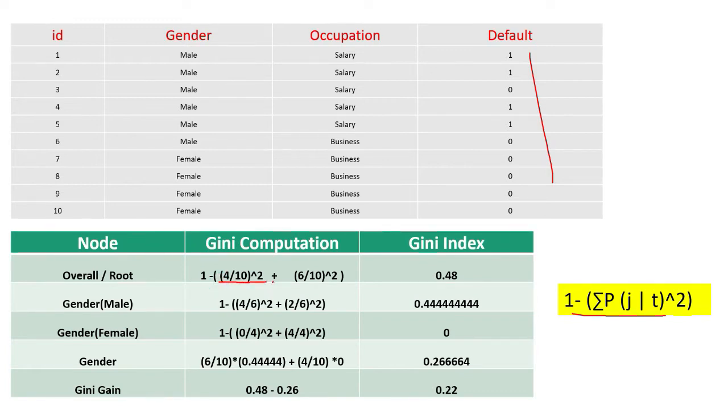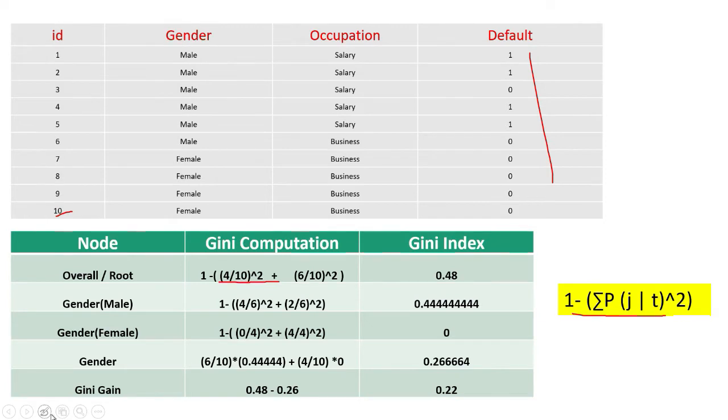Here you can see how we calculate the Gini of the overall tree, or you can say the root node. At the first node, let us say the Gini will be calculated. We have a total of 10 data, and in these 10 data you can see that 4 have defaulted: 1, 2, 3, 4.